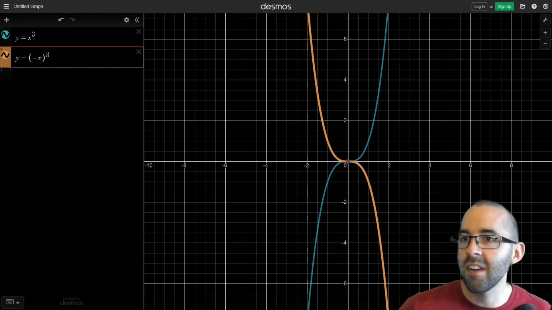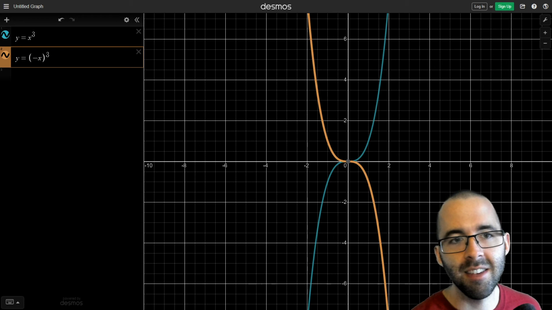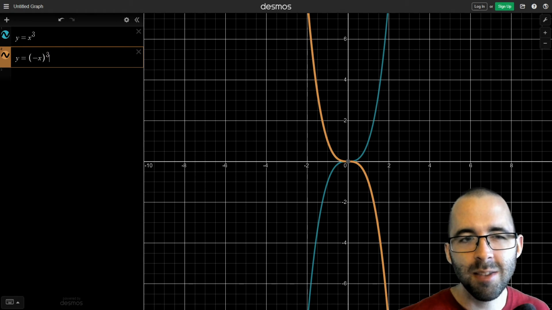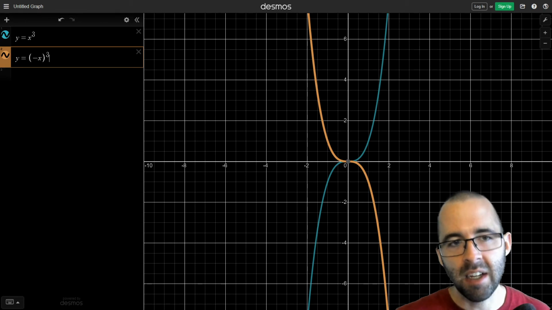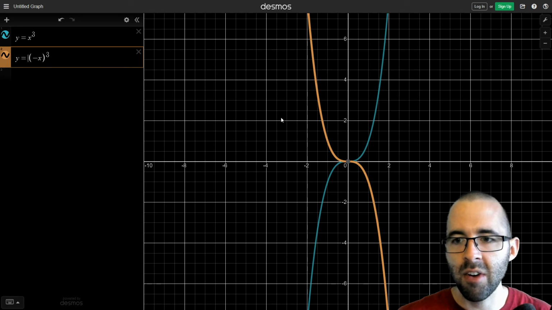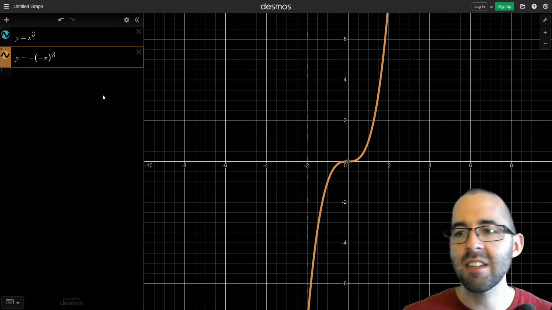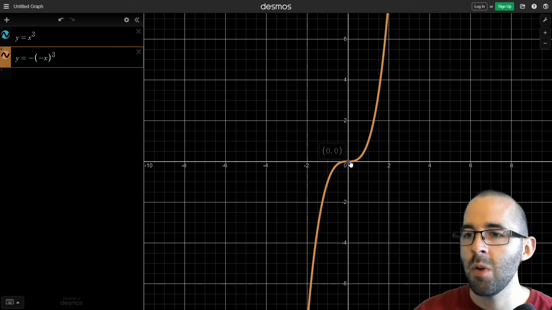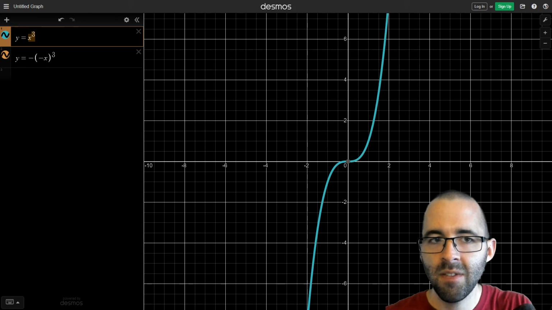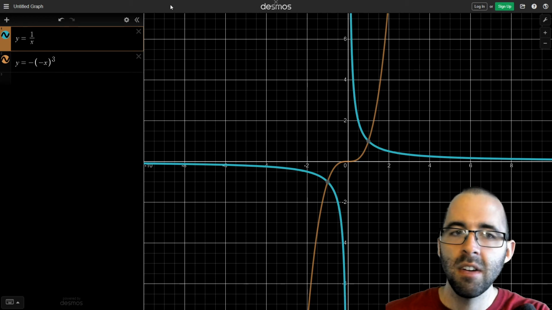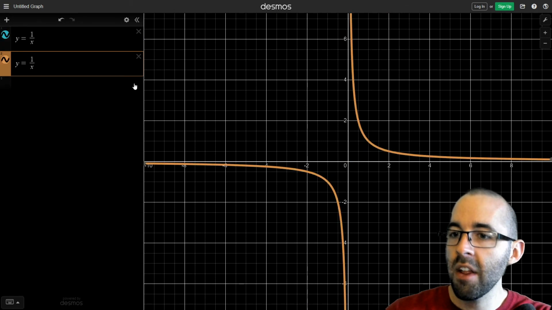They're both equivalent here. This is going to lead towards what we call odd functions. It's not a coincidence that the exponent is odd. Specifically, odd functions are functions where if I reflect it horizontally, like I've already done, and then reflect it vertically after that, we get back to the original function. Let's look at another one.